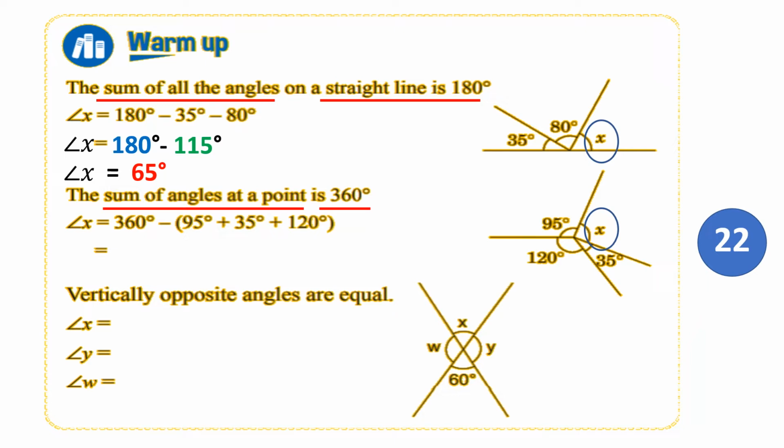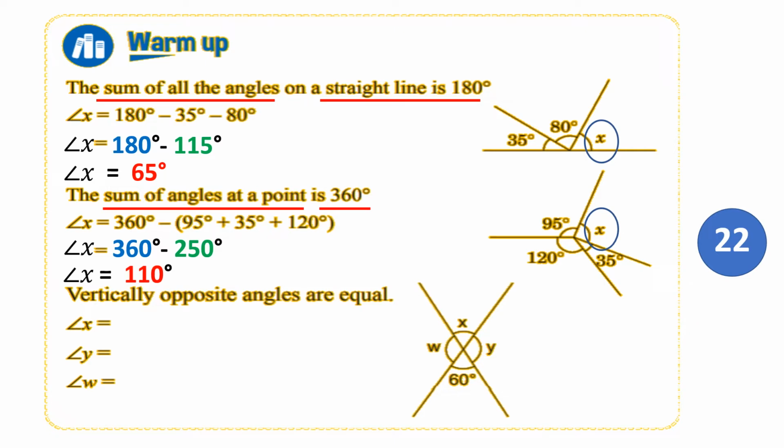You subtract all of that to get angle x. 95 plus 35 plus 120 is 250. So 360 minus 250, and your answer is 110. Correct, students? This is your angle x.